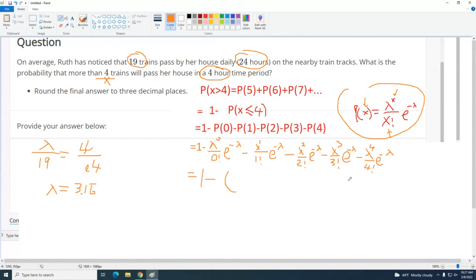You can do 1 minus, and we can factor out a common factor, which is e to the negative lambda. Inside the parentheses, we have lambda to the power of 0, which is 1.